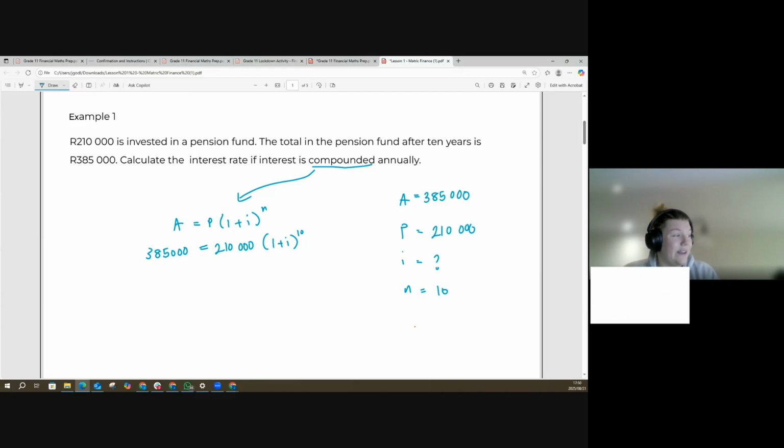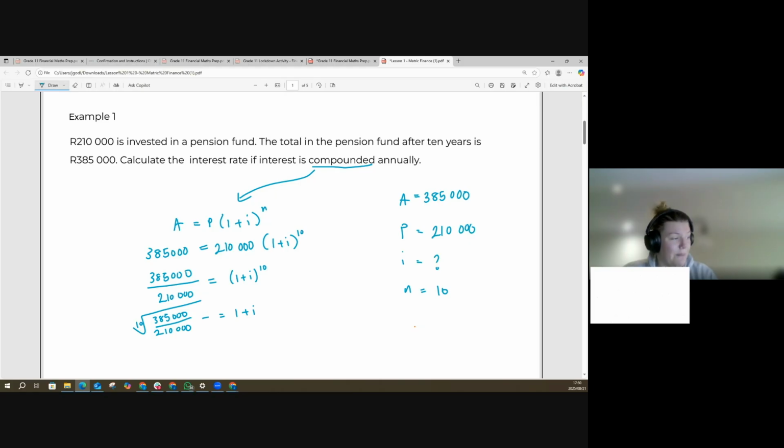And you can do this all in one step. So you can do the manipulation in one step if you feel comfortable. If you don't feel comfortable, just remember to keep as many decimal places as you can. And then we're going to root that to the 10th. And that's going to be equal to 1 plus i.